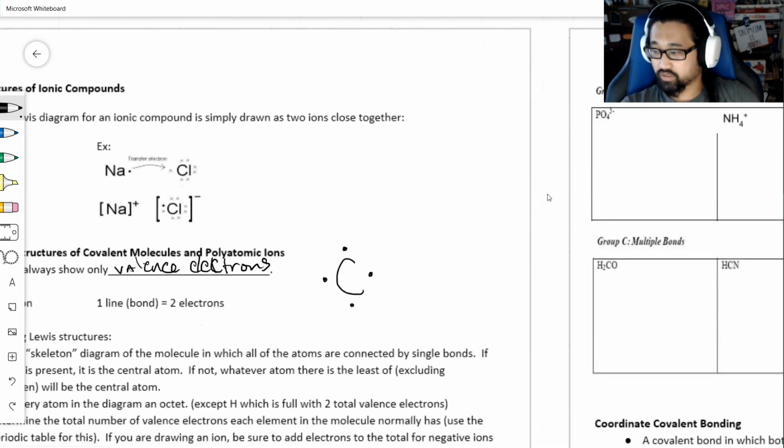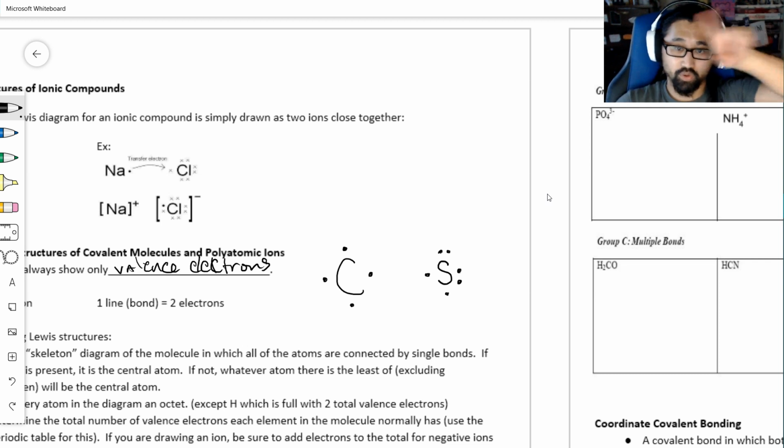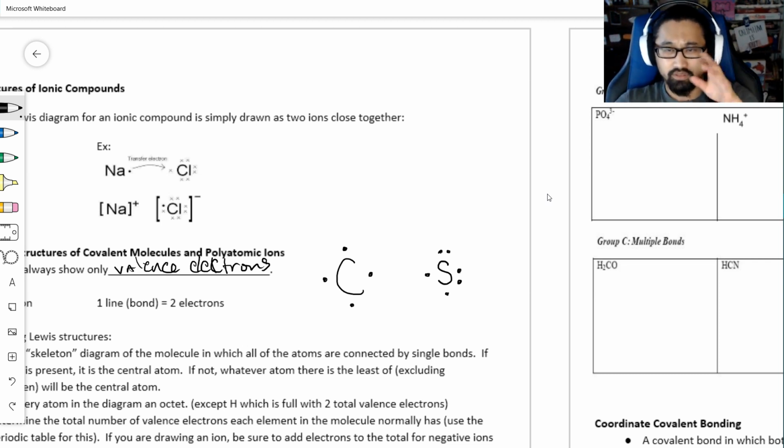then I would start with the symbol, which is S. Sulfur has 6 valence electrons. So I'll go 1, 2, 3, 4, 5, 6. I just go around clockwise, and I double up only after all 4 sides are full. And you'll see why I do top, right, bottom, left.